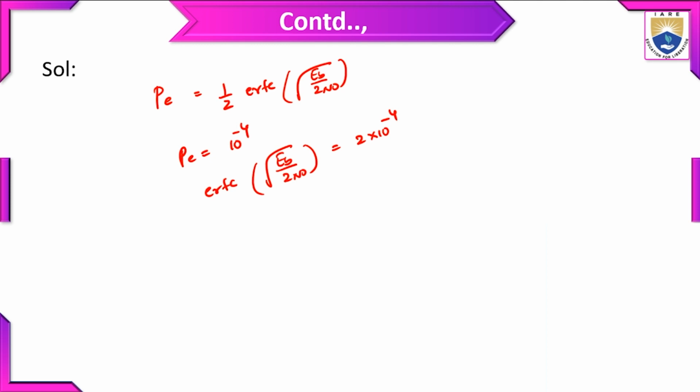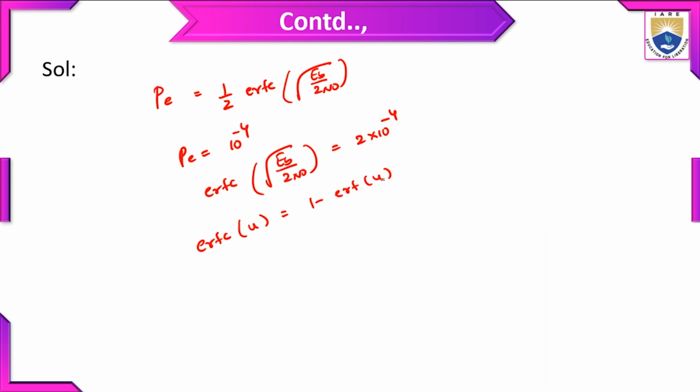Why have they given the limitation? The probability of error must be less than 10 to the power of minus 4. So erfc of u is equal to 1 minus erf of u.